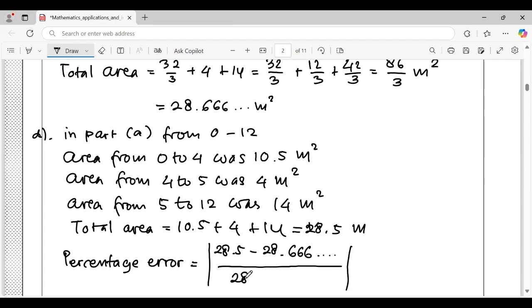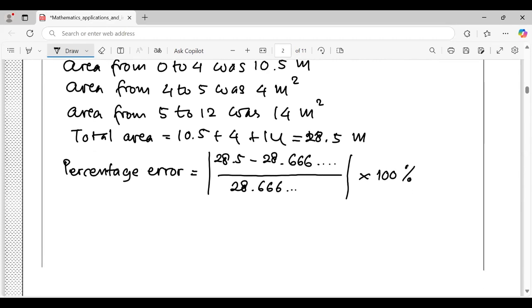Modulus over 28.666, and if you multiply by 100%, because percentage, the result is 0.5813%. Round off becomes 0.581%.